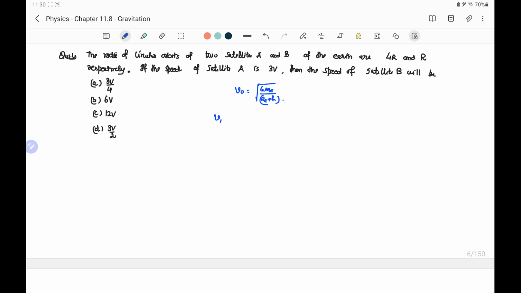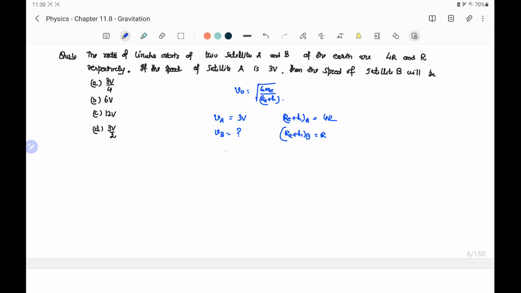So for satellite A, the orbital speed is given as 3v. For satellite B, we have to find the orbital speed, while the radius of the orbit, that is RE plus h, for satellite A is given as 4r, while RE plus h for satellite B is given as r.